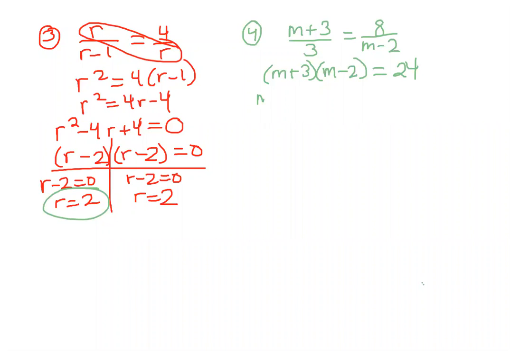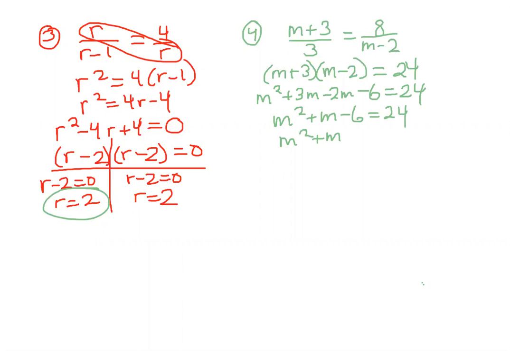So we get m squared plus 3m minus 2m minus 6. So we get m squared plus m minus 6 equals 24. How do we solve this? We have to have it equal to 0. So it becomes m squared plus m minus 30 equals 0.